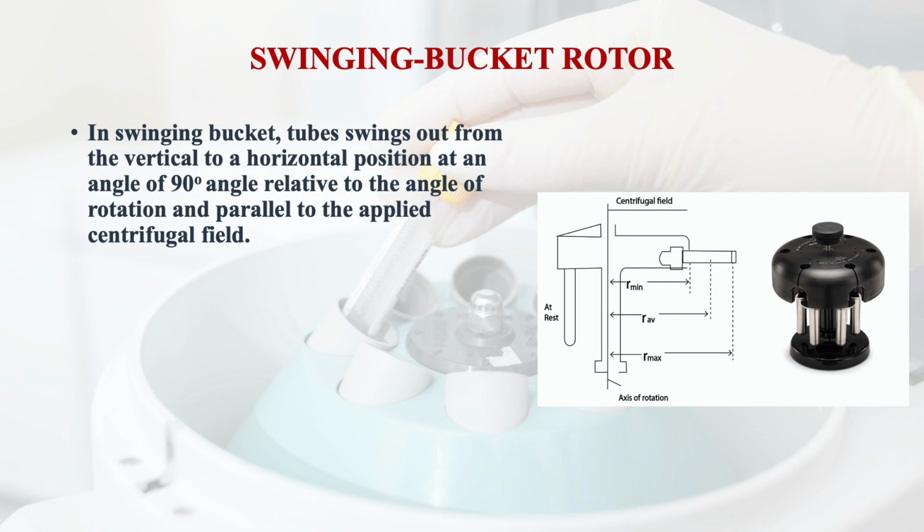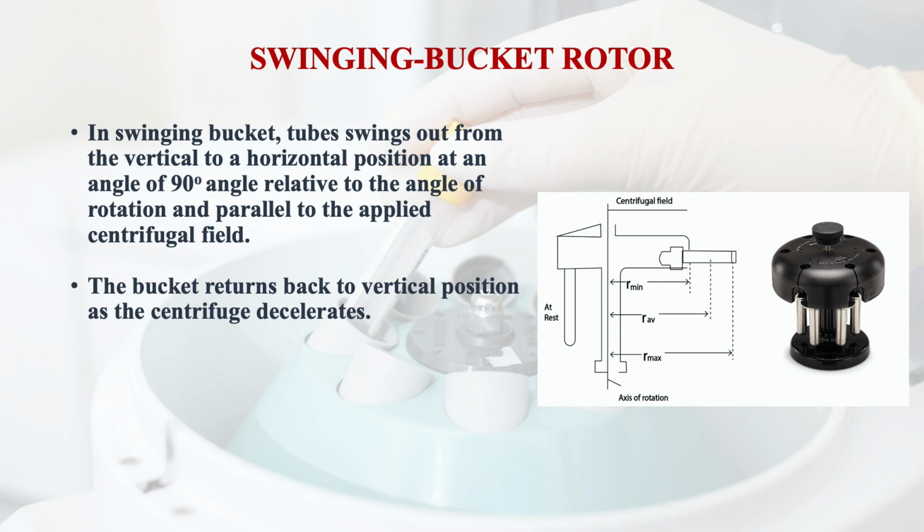Another rotor is the swing bucket rotor. When we place the sample tubes in the rotor, it swings. At rest, the rotor is in a vertical position, and when we apply centrifugal force, it becomes horizontal. The tubes swing out from the vertical to the horizontal position at an angle of 90 degrees relative to the axis of rotation and parallel to the applied centrifugal field.